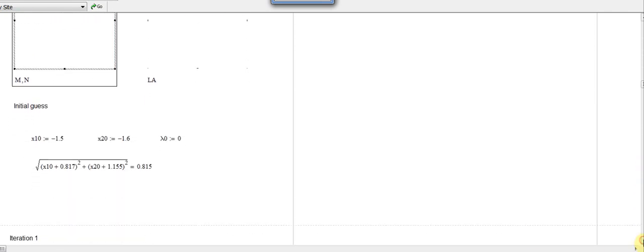So this is an initial guess. The first design variable is minus 1.5, the second is minus 1.6, and the initial guess for the Lagrange multiplier is 0.